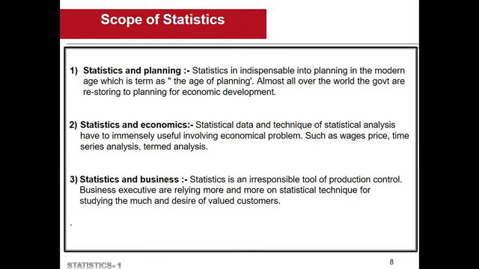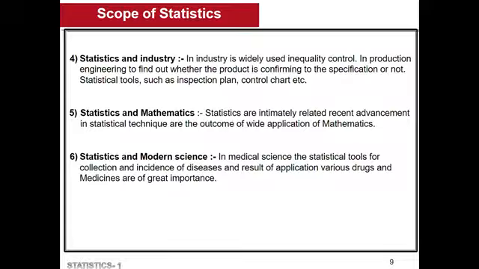Then statistics and business. Statistics is an indispensable tool of production control. Business executives are relying more and more on statistical techniques to study the needs and desires of customers. Then statistics and industry. In industry, it is widely used in quality control in production engineering to find out whether the product is conforming to the specification or not, using statistical tools such as inspection plans, control charts, etc. Then statistics and mathematics.